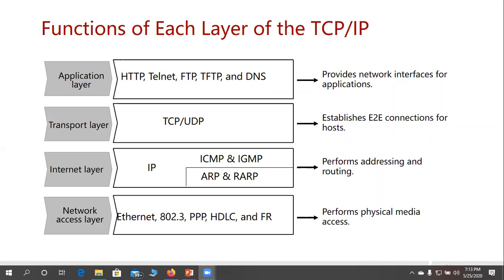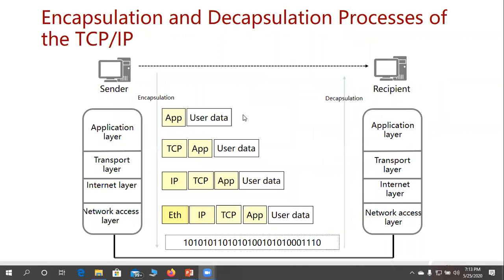Okay, that is Ethernet technology. So this is the standard for Ethernet, 802.3. This is another technology, point-to-point, HDLC, and frame relay. Okay, so you can see also here, each layer has a particular function, and this easily makes us understand networking.